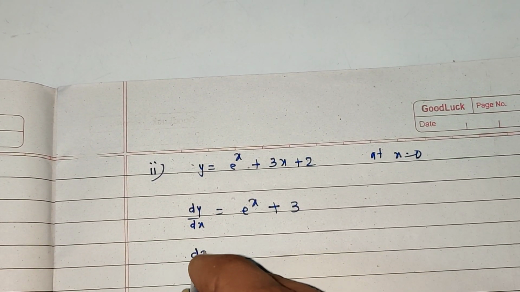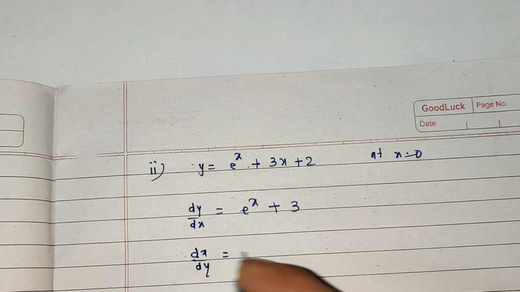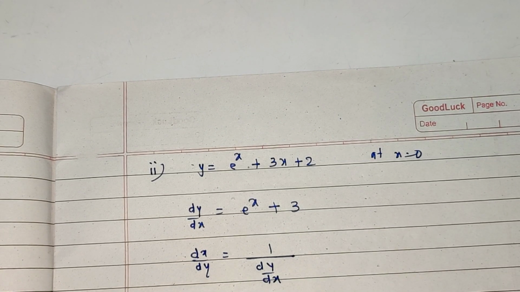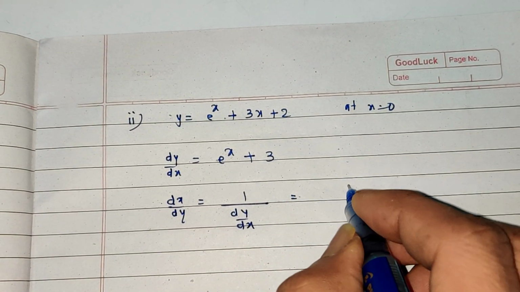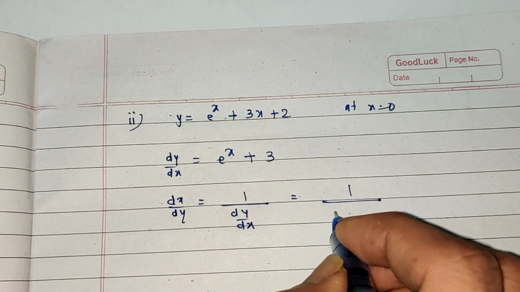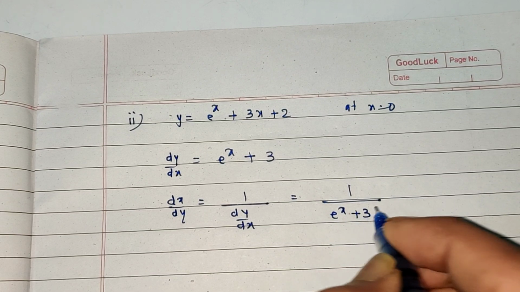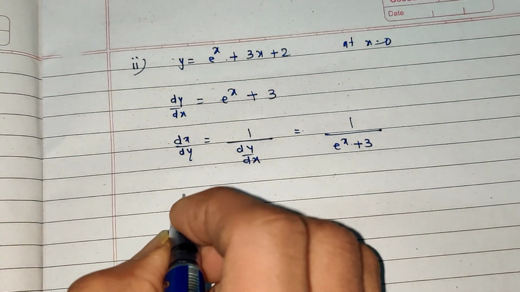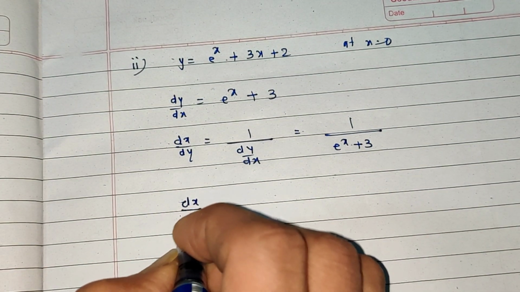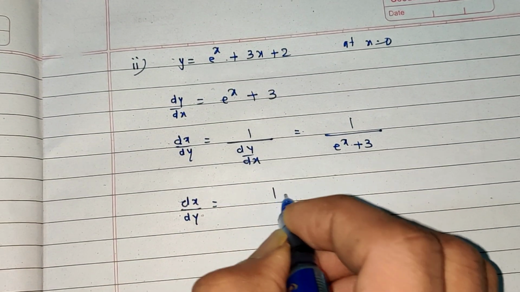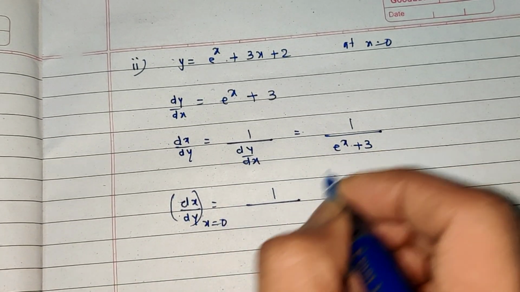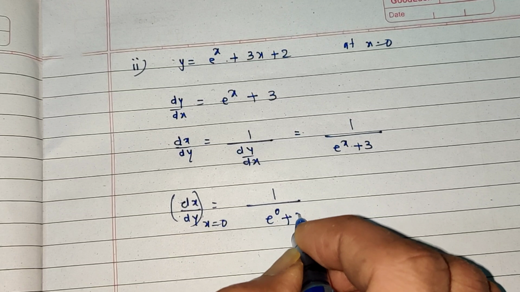So dx by dy is equal to 1 upon dy by dx, which is 1 upon e raised to power x plus 3. This is derivative of inverse function, but at x is equal to 0 is required. Dx by dy is equal to 1 upon, at x is equal to 0, e raised to power 0 plus 3, which is 1 upon 4.